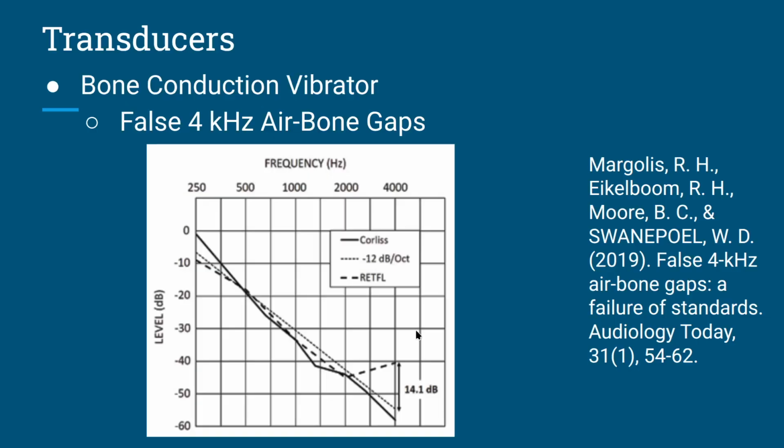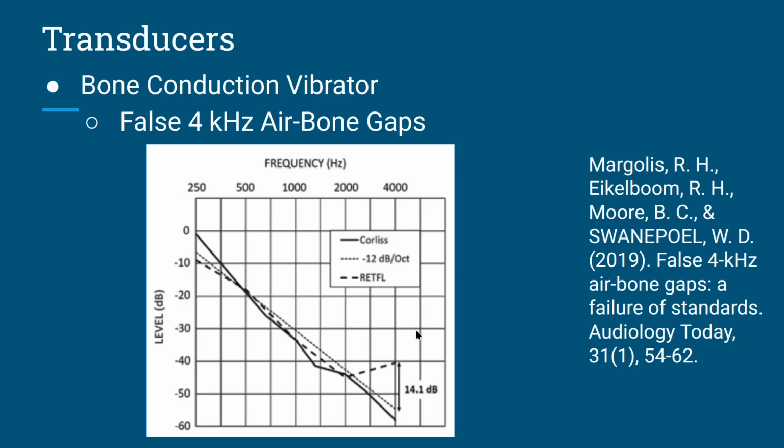Now bear in mind, ENTs are not always going to be familiar with these false air-bone gaps. Hearing instrument specialists are definitely not familiar with false air-bone gaps at 4,000 hertz. Audiologists, not even all audiologists are familiar with this. So I'm trying to educate you today on this information, which is incredibly clinically relevant.